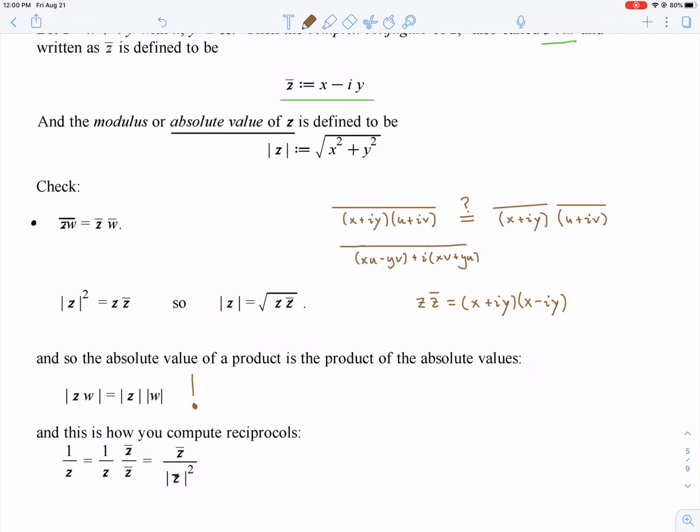And that is xu minus yv minus i times xv plus yu.